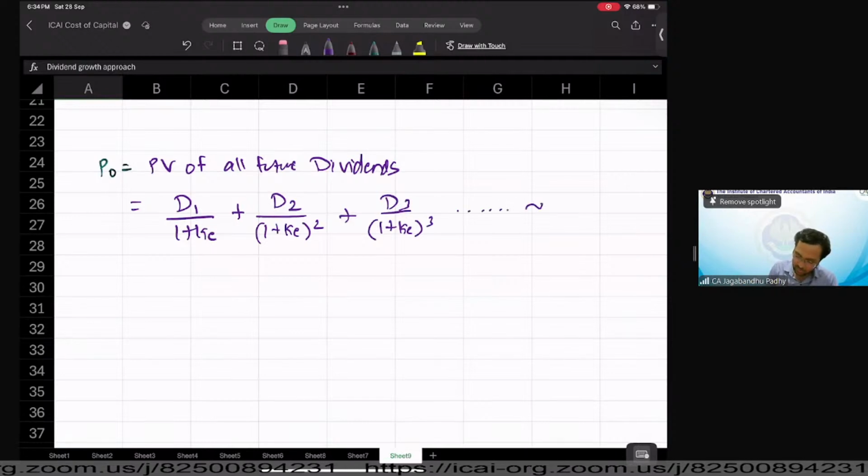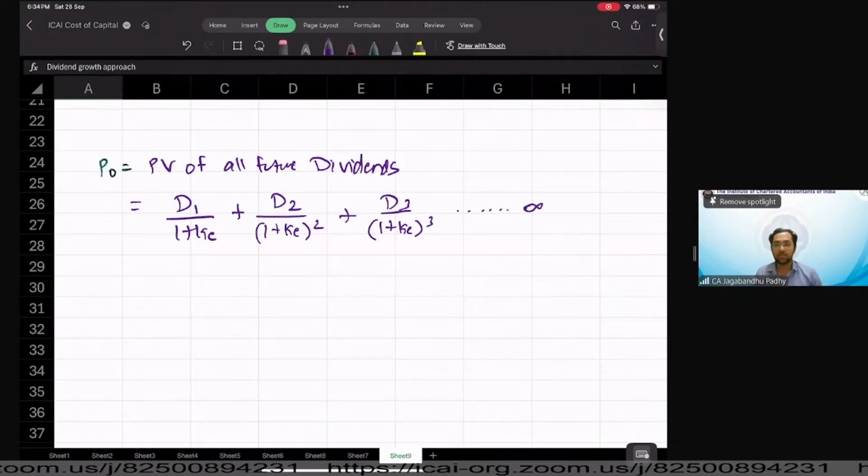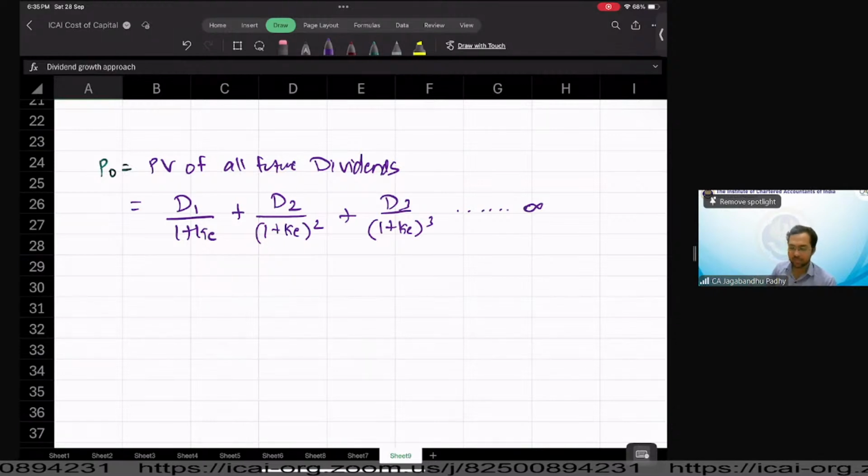And this will go on till perpetuity, because we always assume that the company is a going concern. We understand going concern: it means the company is going to continue its operation for a longer time in the foreseeable future.